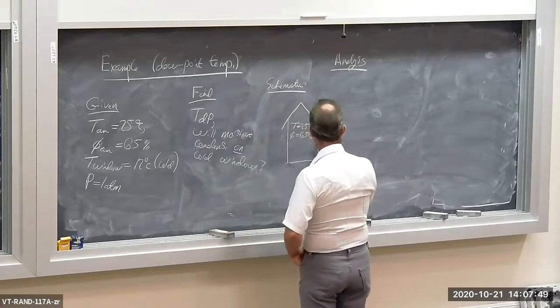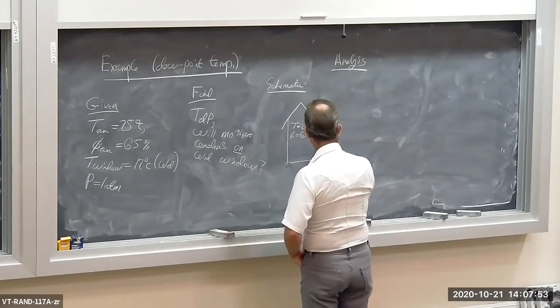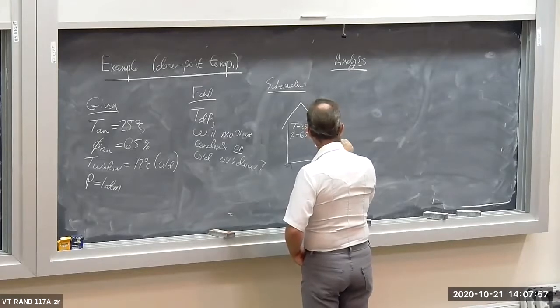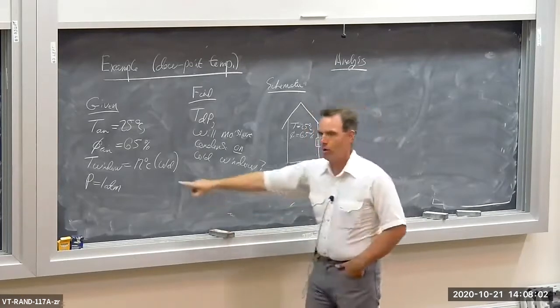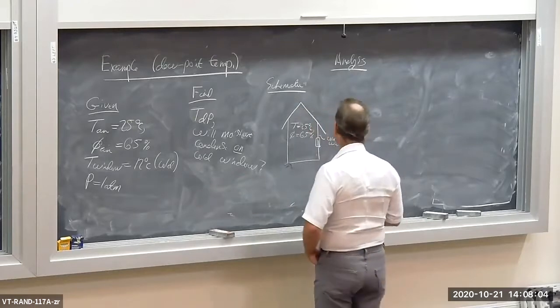And what I have here is a cold window. Outside it's cold, and the window temperature is 12 degrees C. It's colder than the room temperature.